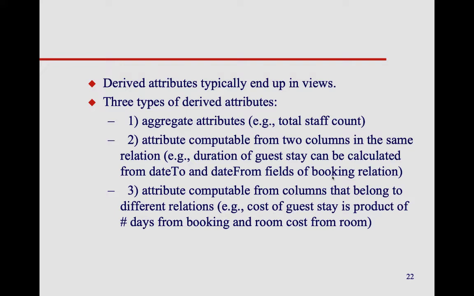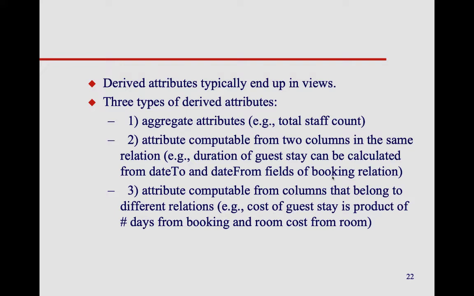So you don't need to represent that information explicitly because it's redundant. You don't like to store redundant data in a relation because it could easily get inconsistent. If I updated the date to and forgot to update the duration, I would be inconsistent. So instead, we leave duration as a derived attribute.